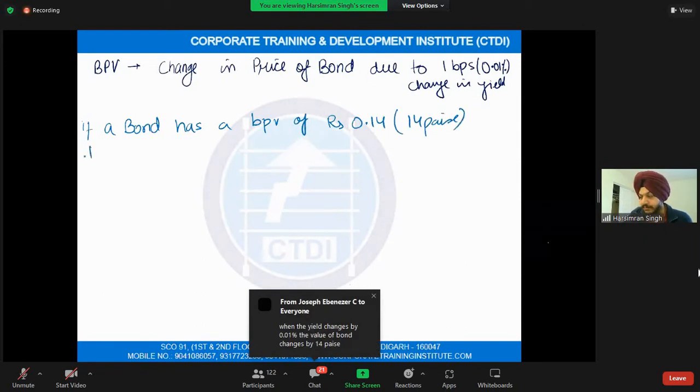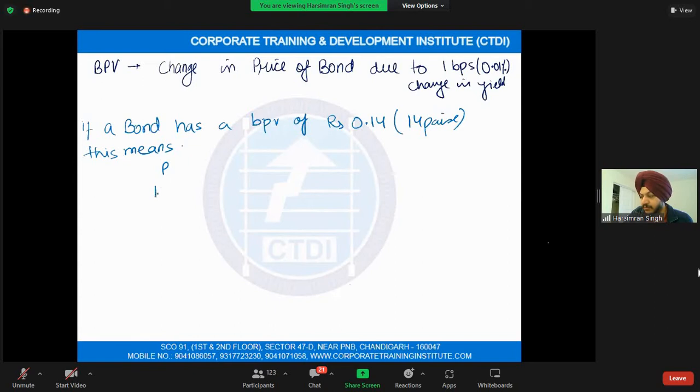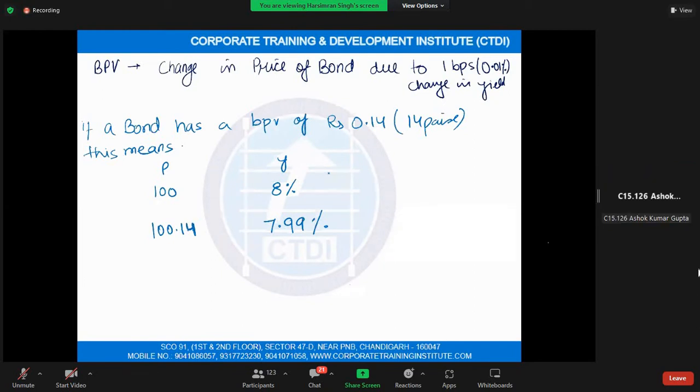This means that suppose the price was 100 rupees when the yield was 8%. Now the yield is 7.99 and the price has become 100.14. Is that clear or not? What is the meaning of 14 paisa BPV?